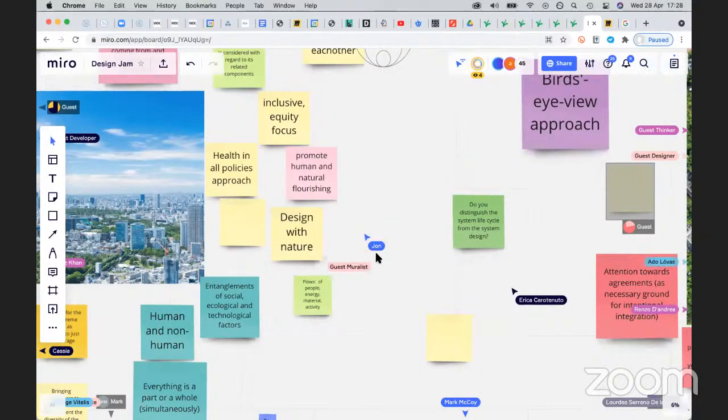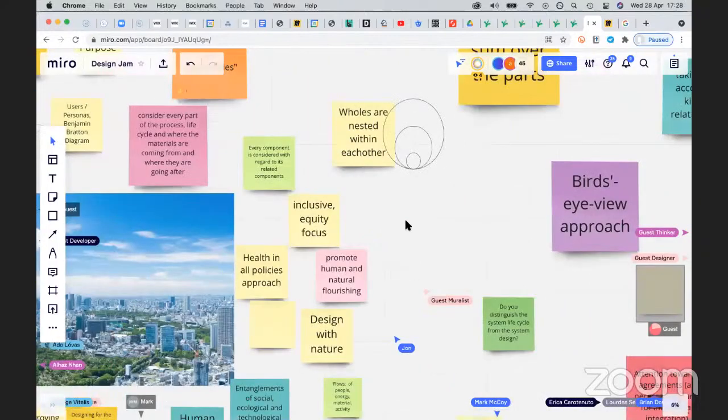Health in all policies is an approach, and an example of the paradigm would be reducing health inequities in all policies. So the notion of horizontal and vertical integration of policies, multi-sectoral collaboration in policies.